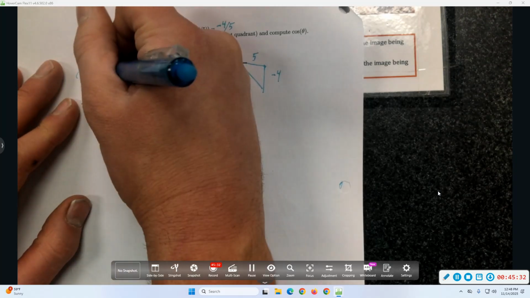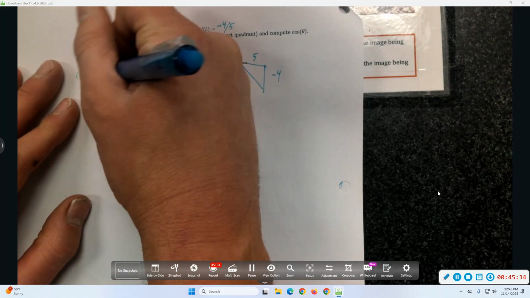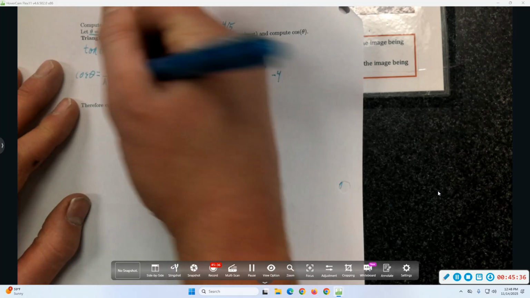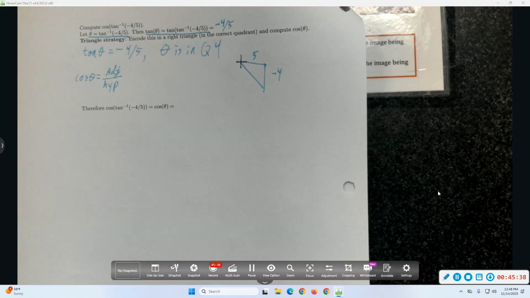Well, cosine of theta is adjacent over hypotenuse. So I guess I need to know the length of the hypotenuse. What's the length of the hypotenuse of this triangle? The square root of 41?